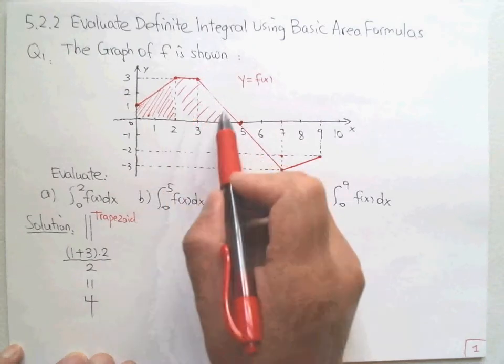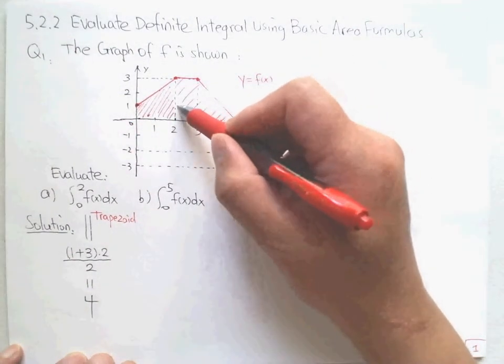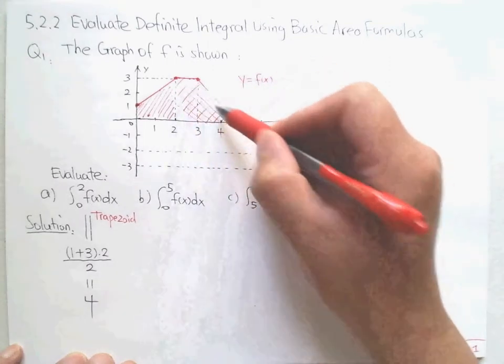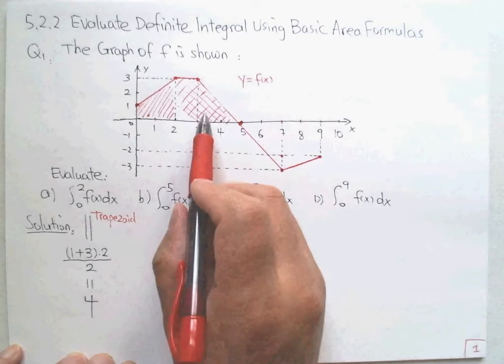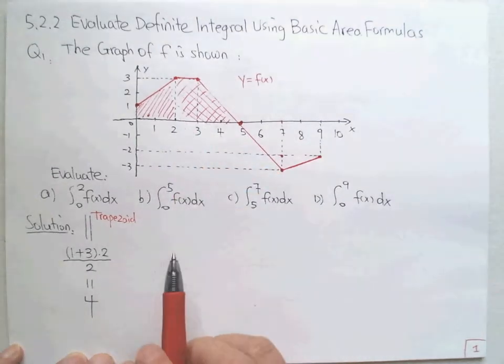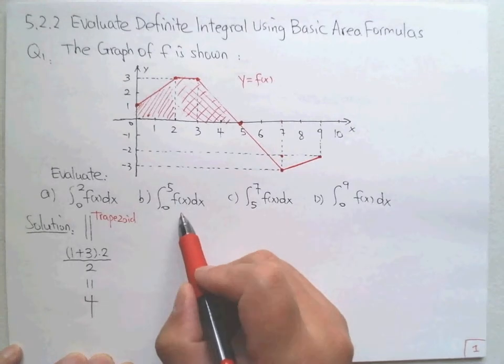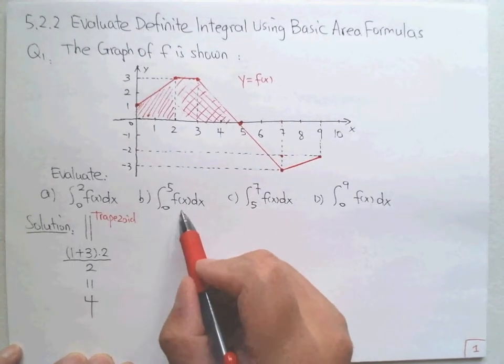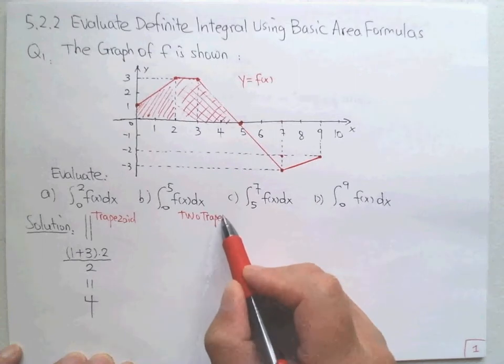So we can also find the area of the left part. This time we can cut it into 2 trapezoids.